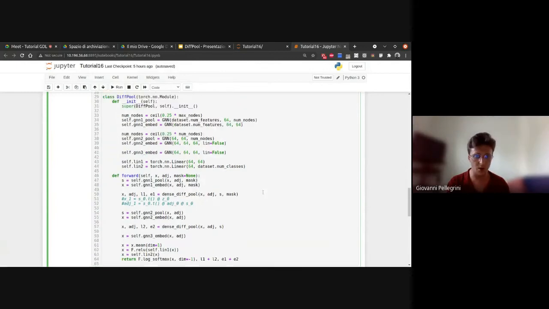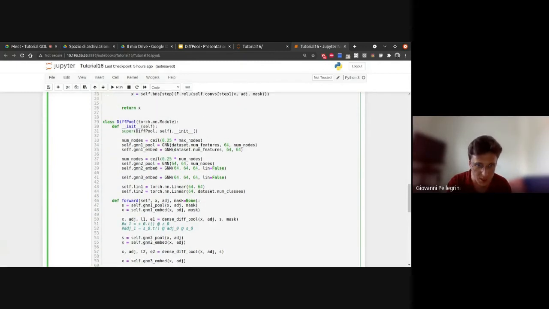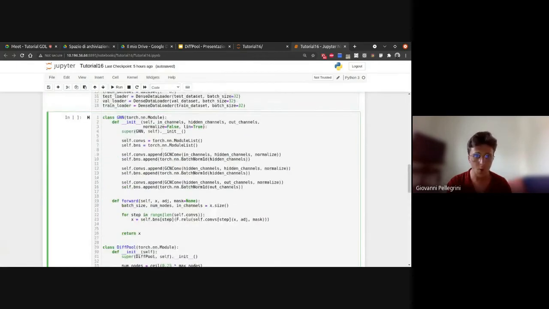How is each of these pool or embedding GNNs defined?